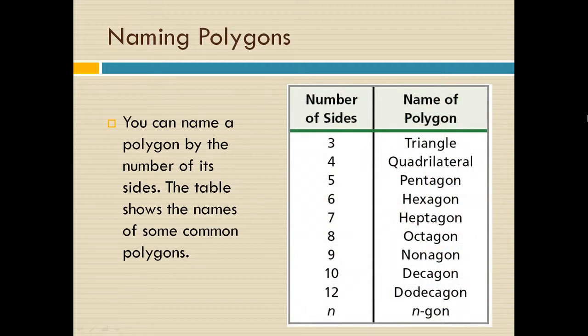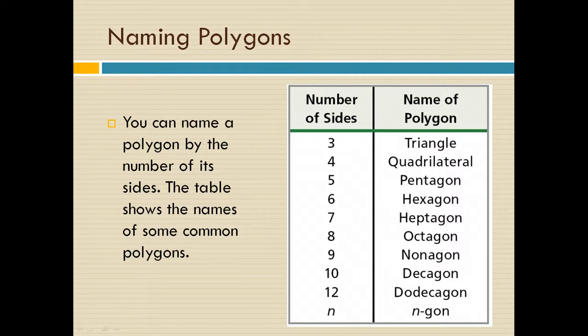We name polygons by the number of sides that they have. 3 sides would be a triangle, 4 is a quadrilateral, 5 is a pentagon, 6 is a hexagon, 7 is a heptagon, 8 octagon, 9 is a nonagon, 10 a decagon, and 12 dodecagon.